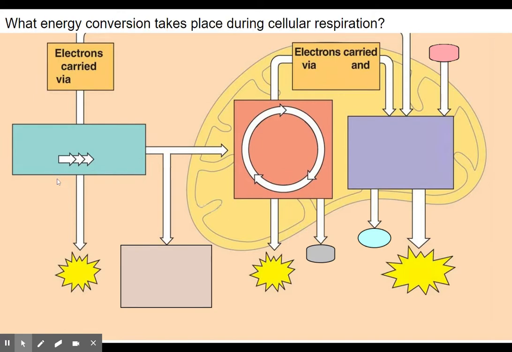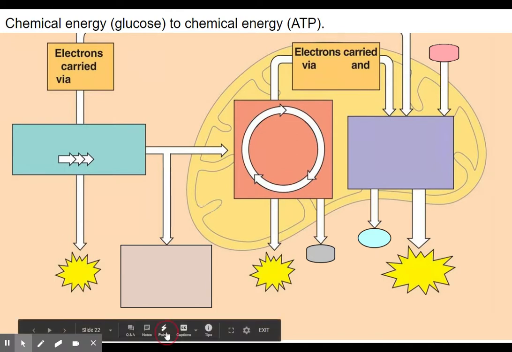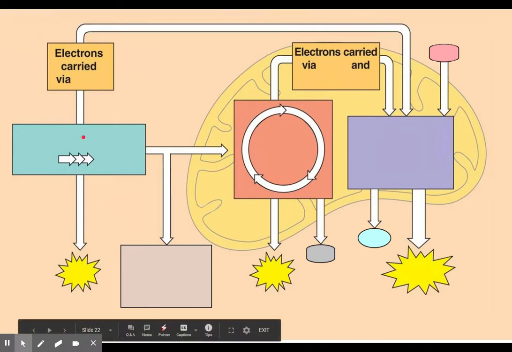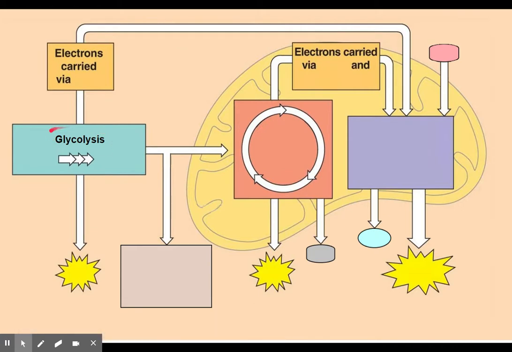We know that the energy conversion taking place is converting the chemical energy of glucose to a different form of chemical energy in ATP. Now, let's focus on glycolysis. Glyco means glucose, and it's being broken down, lysis, and we make pyruvate. Again, this is taking place in the cytosol, which is the fluid of the cell.